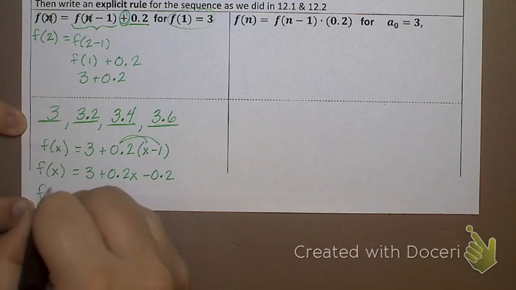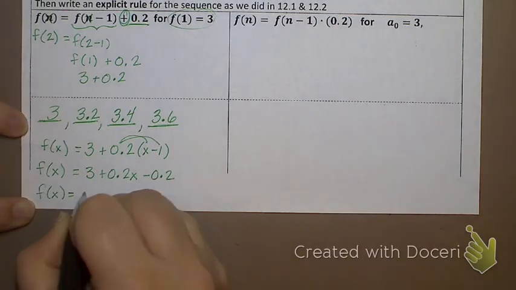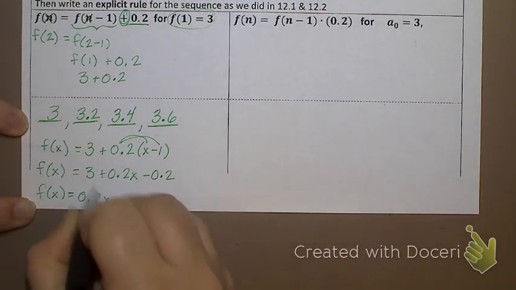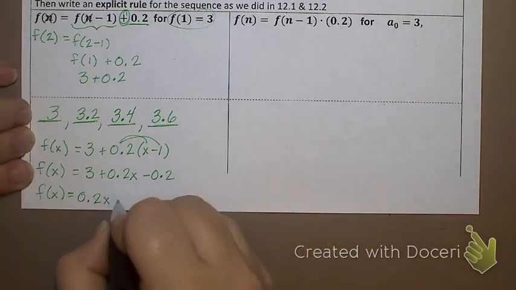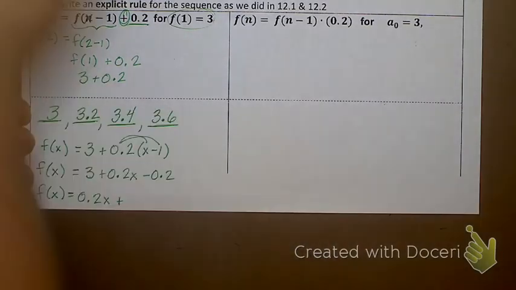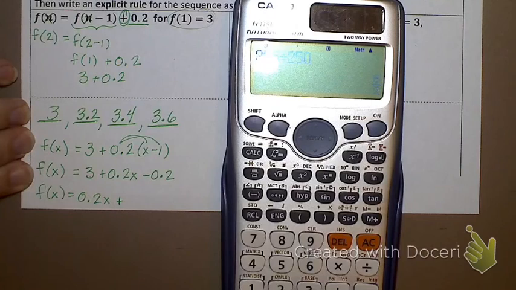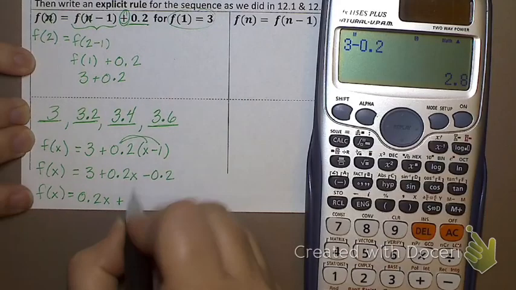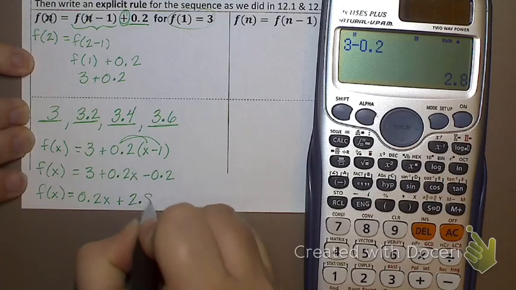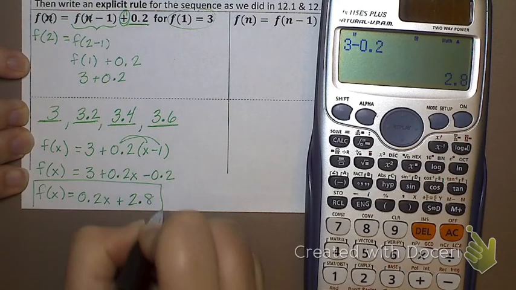So f of x equals 0.2x, and then what's 3 minus 0.2? 2.8. And that's how I have to leave my explicit formula.